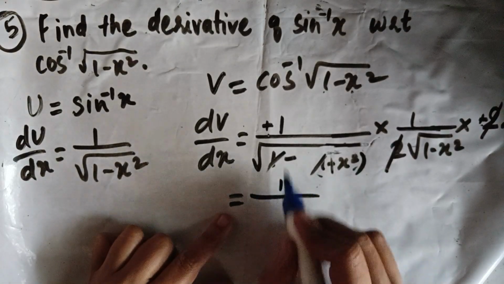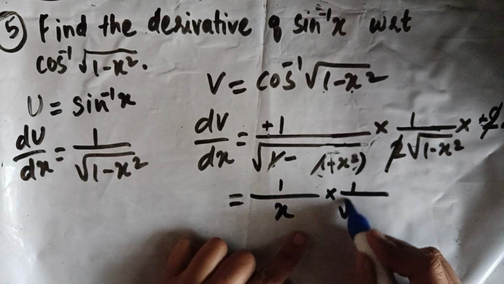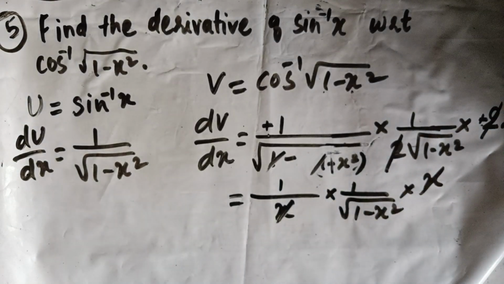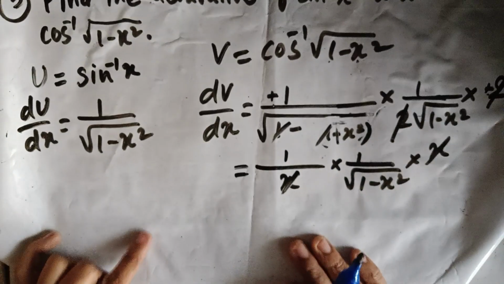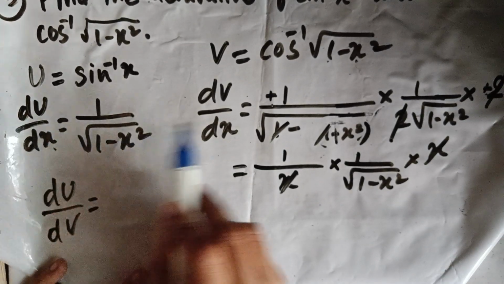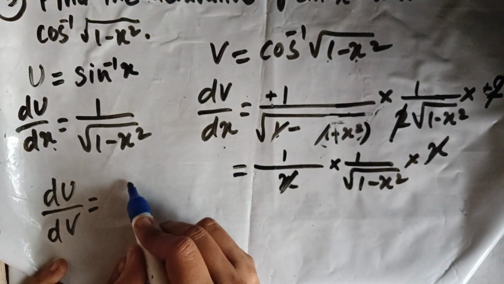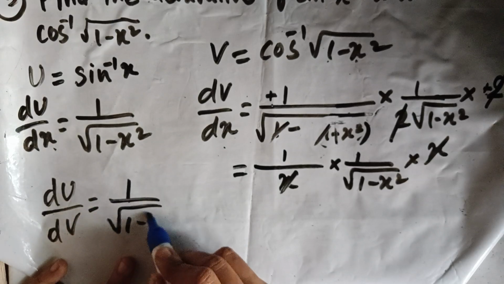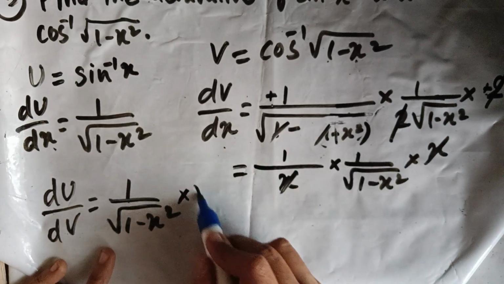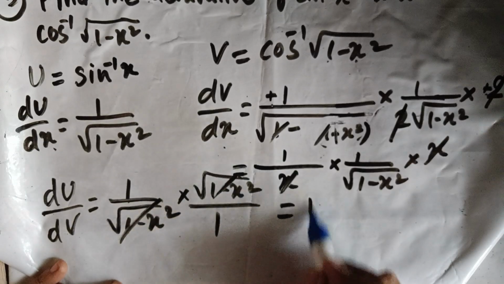So 1 upon root of x square is x. Root of 1 minus x square into x. So this x also cancels. So now we can write du by dv. So du by dx upon dv by dx. So du by dv is 1 upon root of 1 minus x square divided by 1 upon root of 1 minus x square. So this becomes 1 minus x square upon 1-minus-x-square, which is 1. So the final answer is 1. Okay.